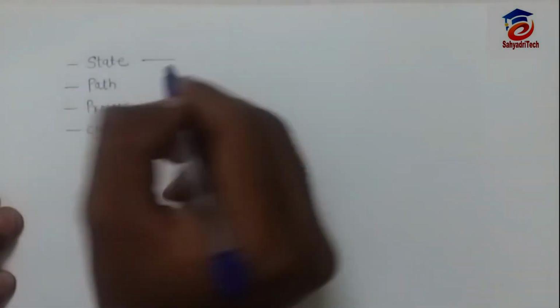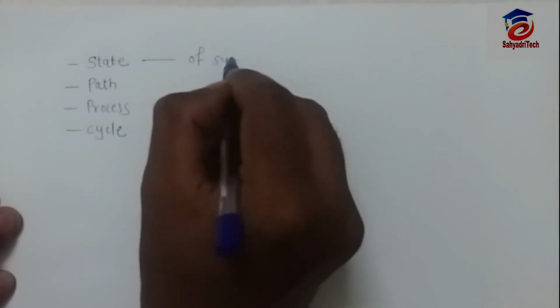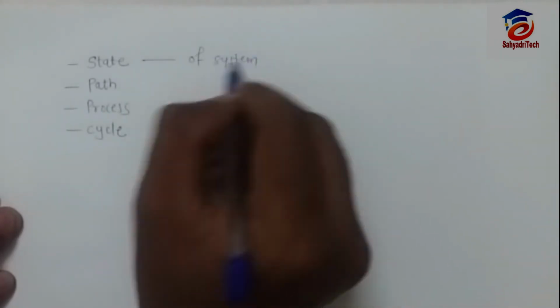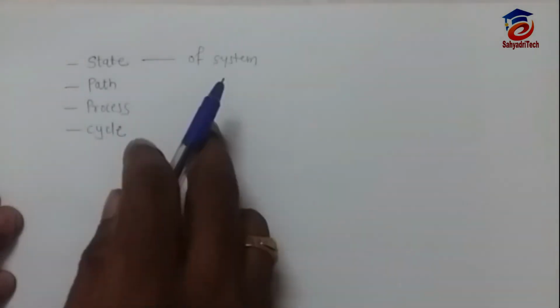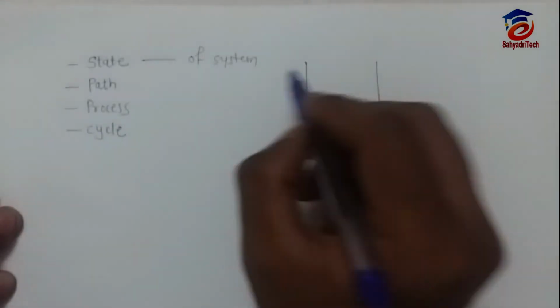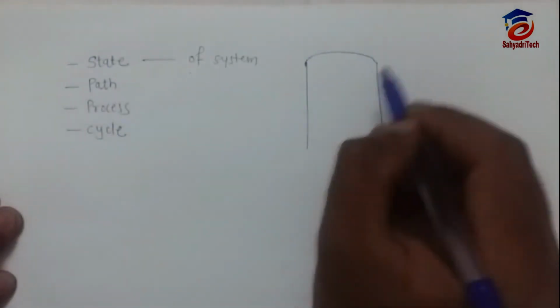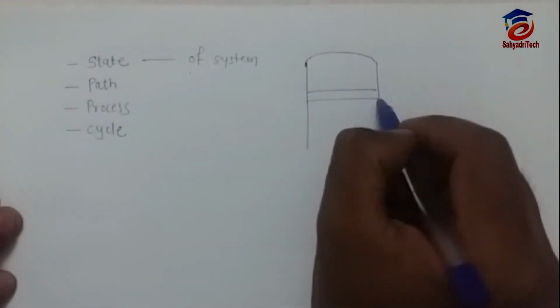When we say state, we always say the state of a system. The state of a system is nothing but the condition of the system at an instant. Let's learn this state concept with the help of the cylinder and piston again.